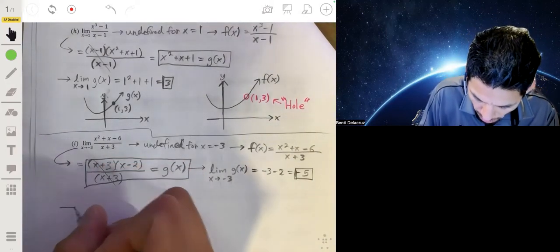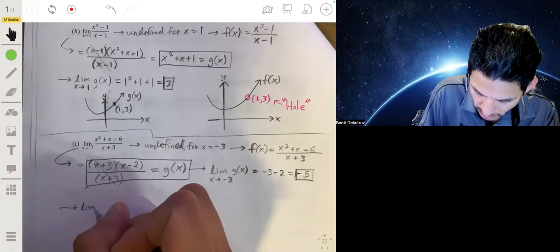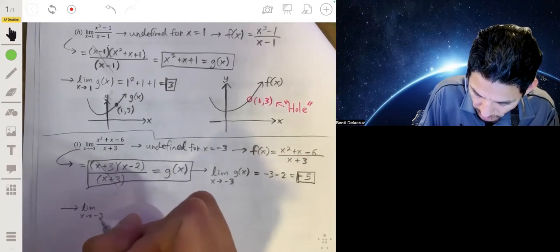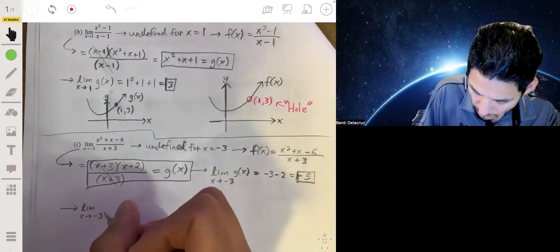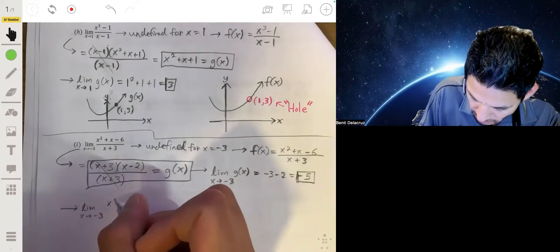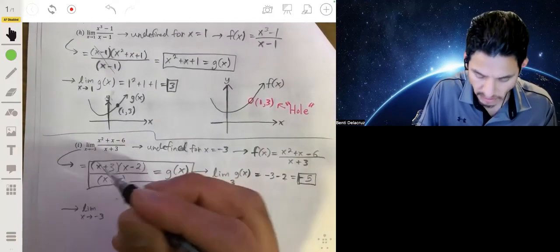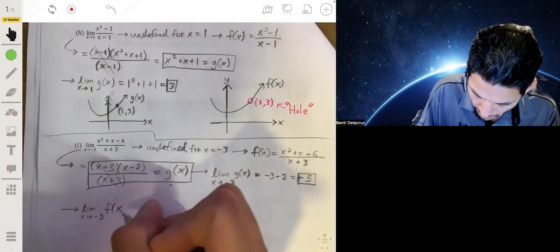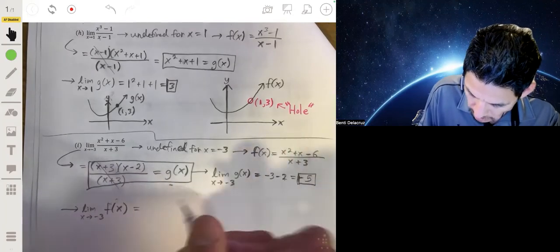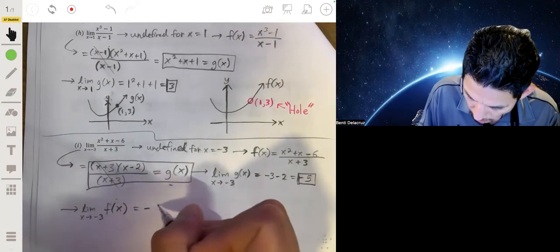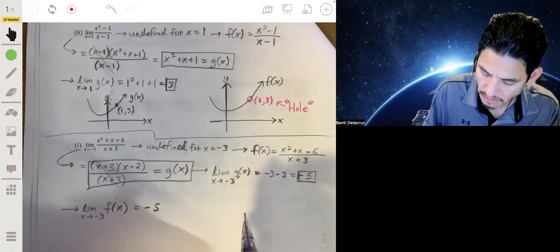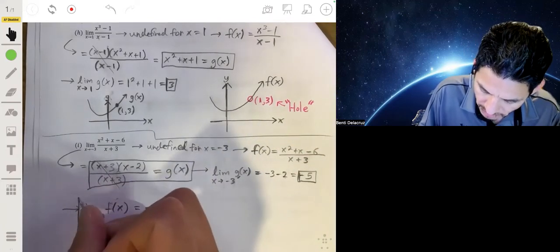So let's go ahead and write the limit as x approaches -3 of f of x equal to -5. So that's our answer.